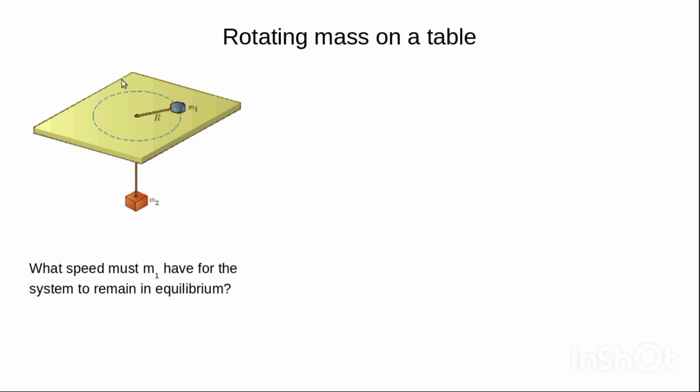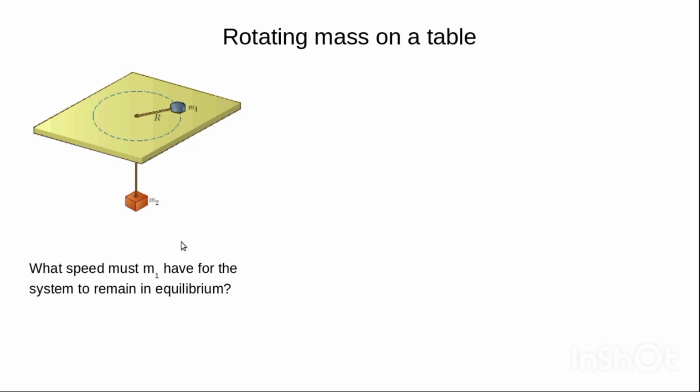But once this particular mass undergoes rotation, there is a particular speed that this M1 must have for this system not to move. That means for this system to remain stationary, or to remain at equilibrium.